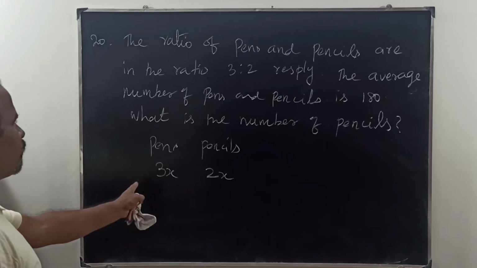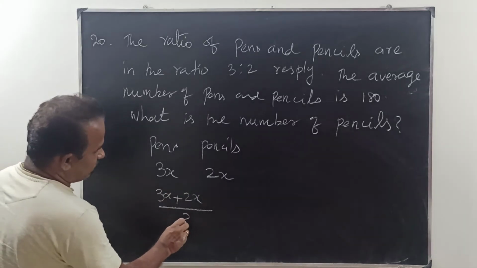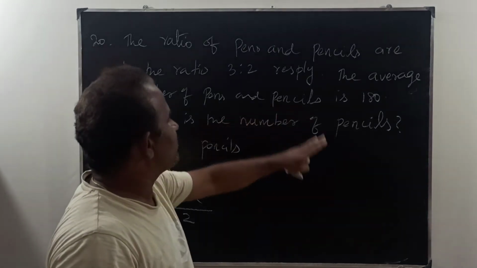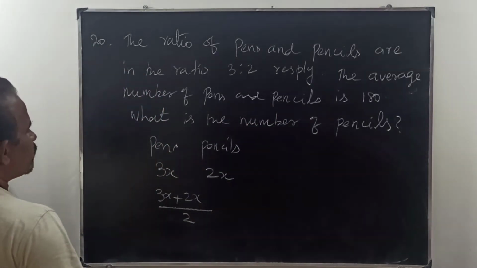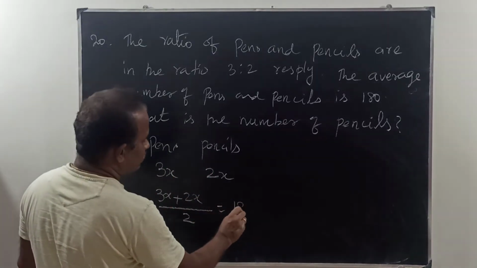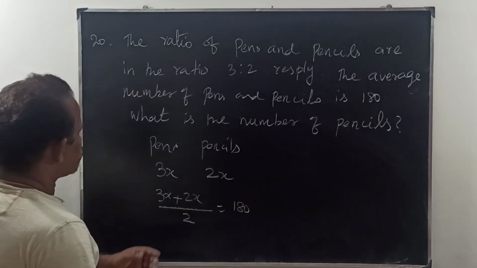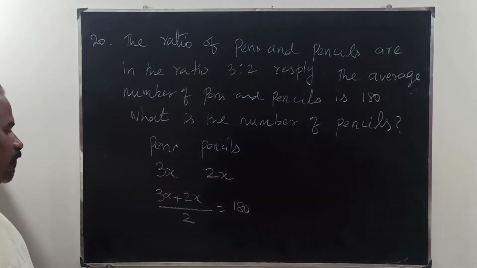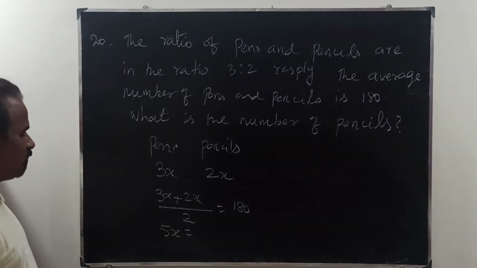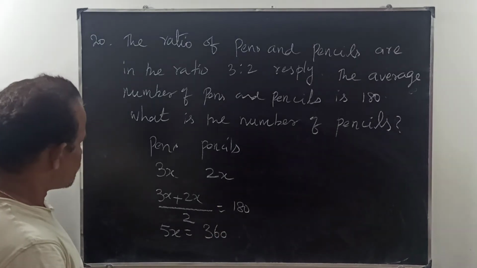The average of these two is 3x plus 2x divided by 2, and the average is 180. So 5x is equal to 360.